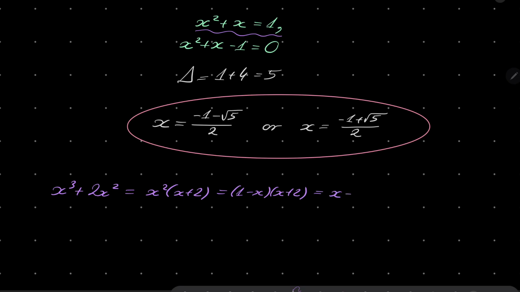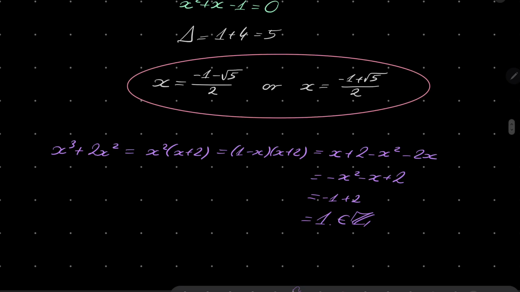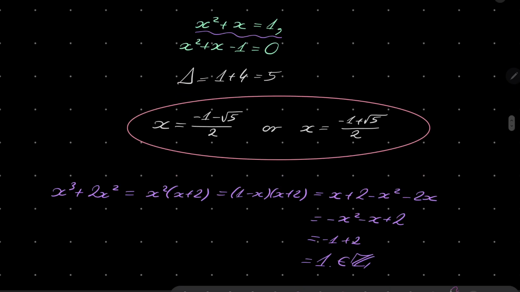We have x plus 2 minus x squared minus 2x. So it's minus x squared minus x plus 2. And once again, we know that these two numbers satisfy x squared plus x equals 1. So it's minus 1 plus 2. It's 1. It's an integer. So our solutions are exactly these two numbers.